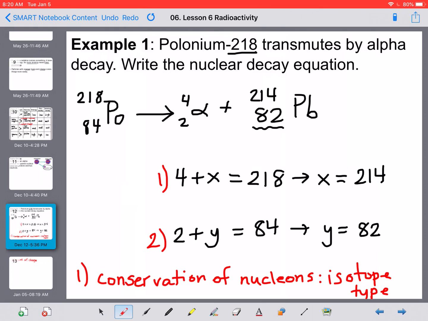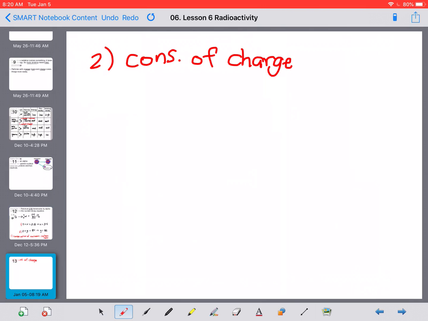The way that we knew that it was lead-214 was by using conservation of nucleons. Conservation of charge, which is the bottom numbers, is what allows us to know the element type of the daughter nucleus. So we knew that the daughter nucleus was lead and not, say, bismuth because of the physics principle conservation of charge.